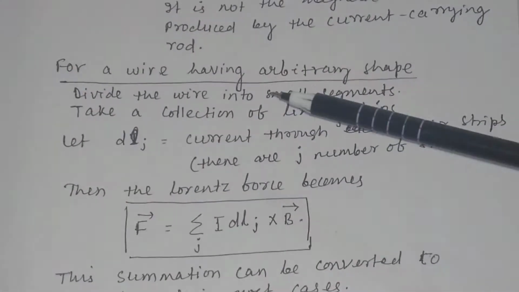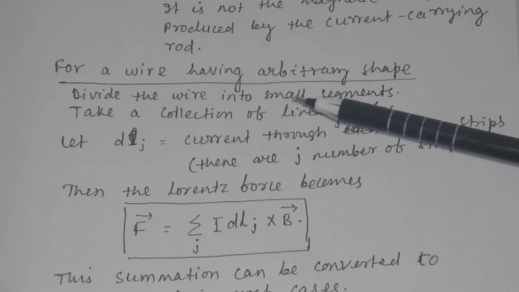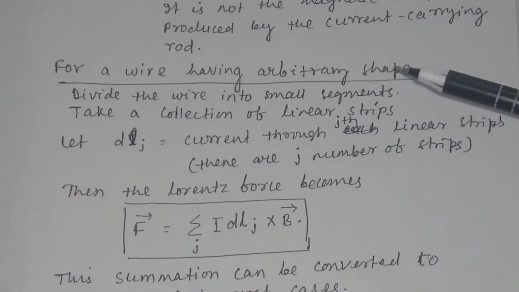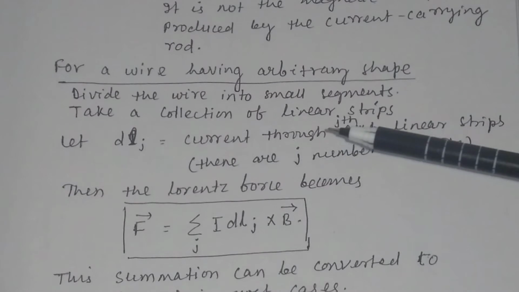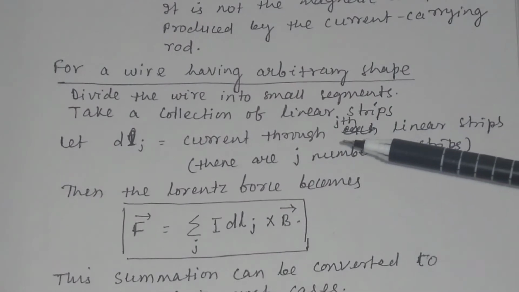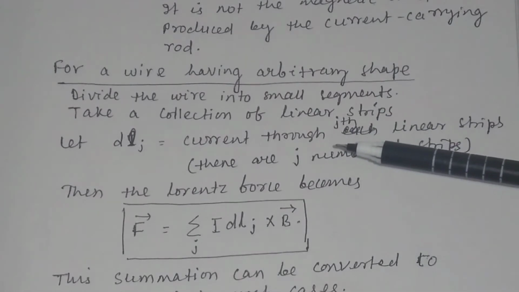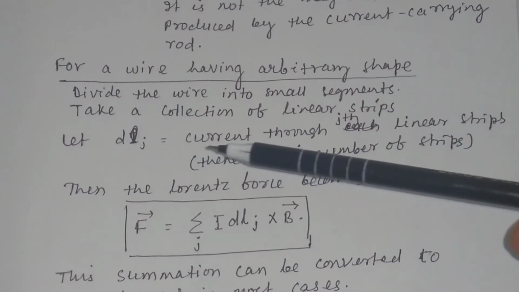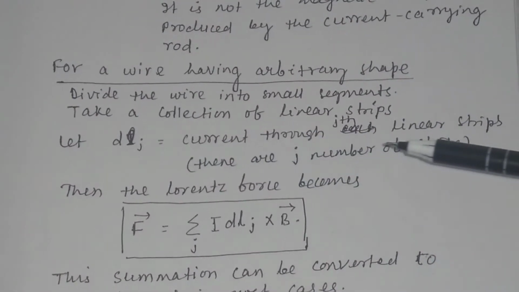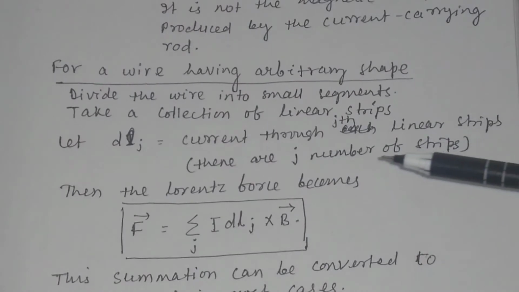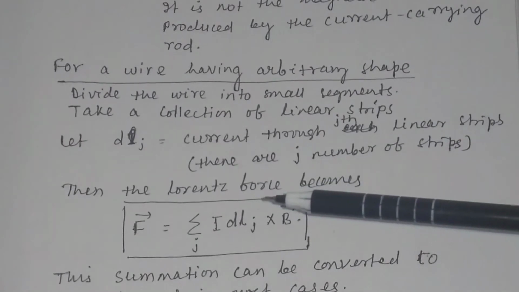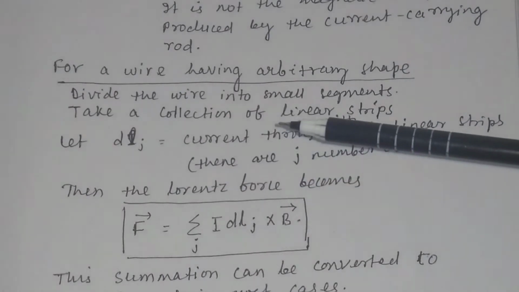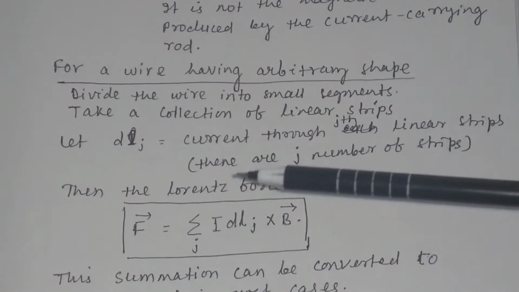For a wire having arbitrary shape, you divide the wire into small segments. So you have a collection of linear strips of wire. Suppose there are j number of strips, and dLj is the length vector of the jth linear strip carrying current I. Then what will be the Lorentz force or the magnetic force on the wire having arbitrary shape?